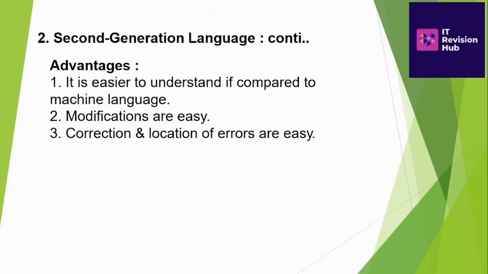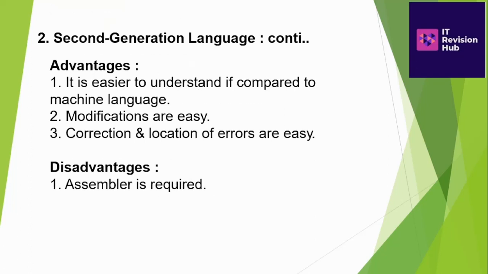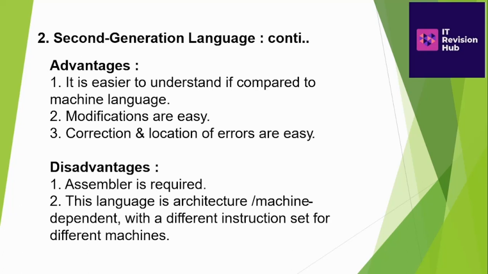Correction and location of errors are easy compared to machine language. Let's discuss disadvantages. Assembler is required. Assembler is the utility program which converts assembly code into machine code. This language is machine dependent, with a different instruction set for different machines.